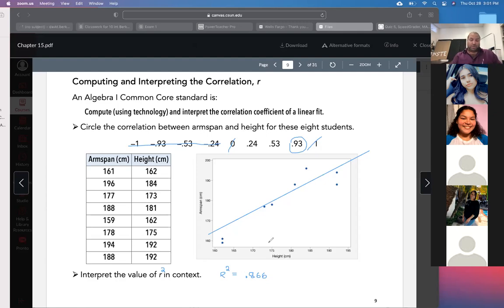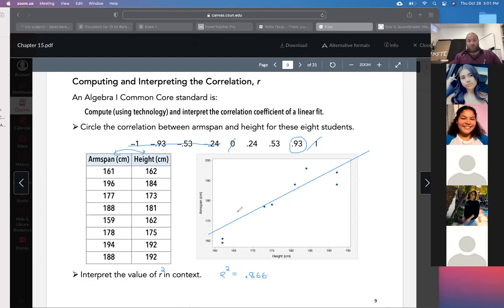So look at all of these data points. Each one has an X value and also has a Y value, correct? Every data point has a height and an arm span, correct? X and Y, although I put them in backwards, but that's okay. The PowerPoint should have them reversed.